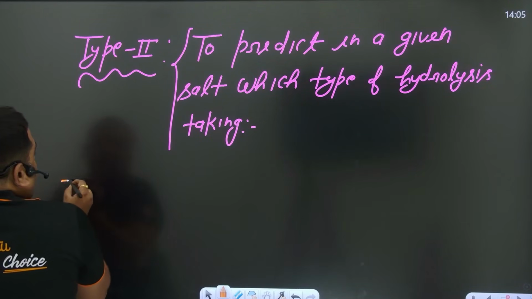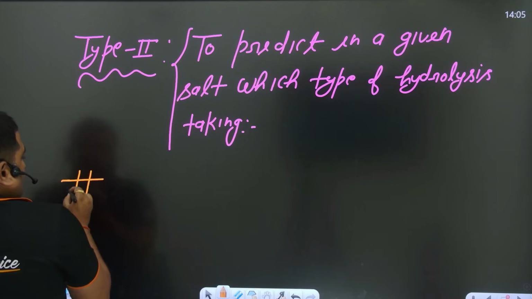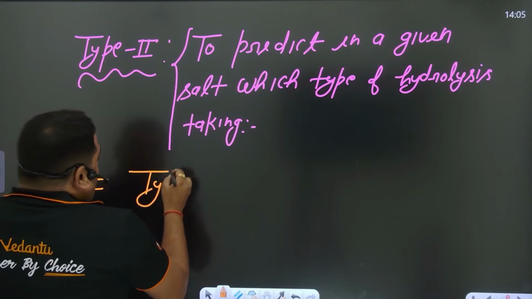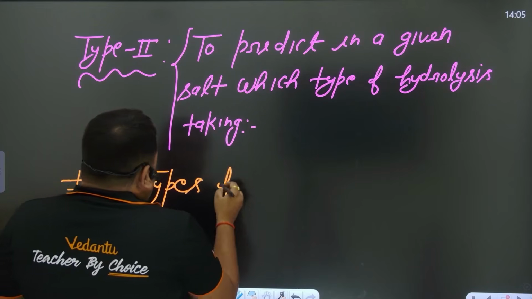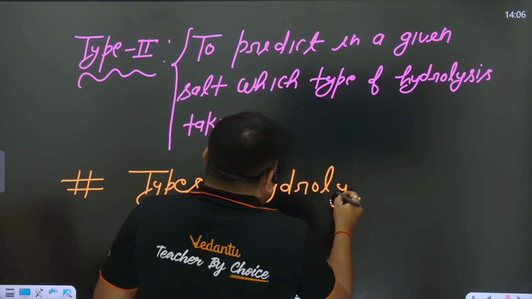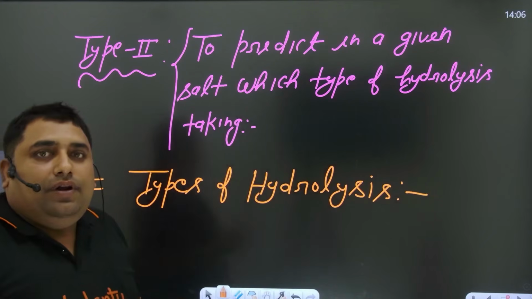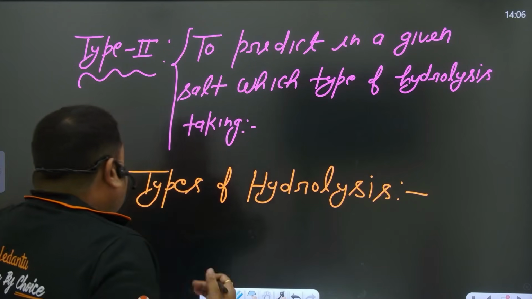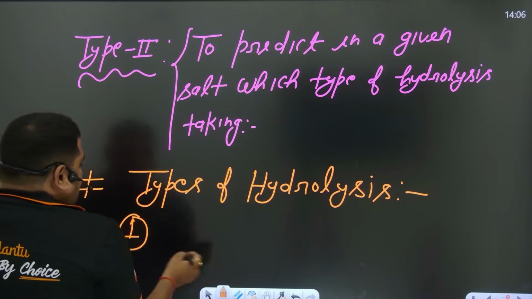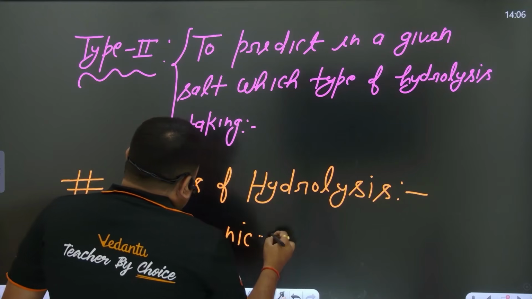To answer these types of questions, first you have to see the types of hydrolysis, right? We have to see the types of hydrolysis. So basically 3 types of hydrolysis are present in salt. First one is cationic hydrolysis.